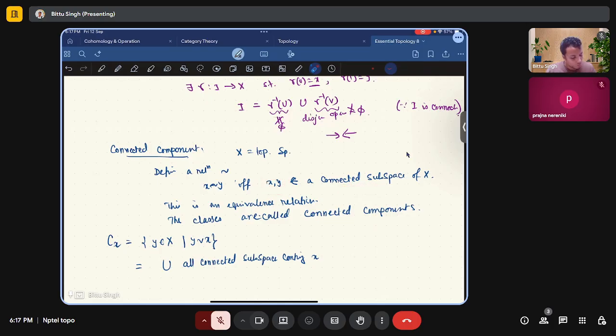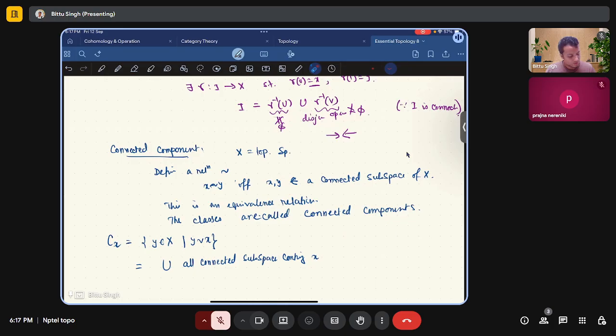So we can take all those connected subspaces which contain x, and take their union. Then that must be the same connected component. There cannot be any more points.